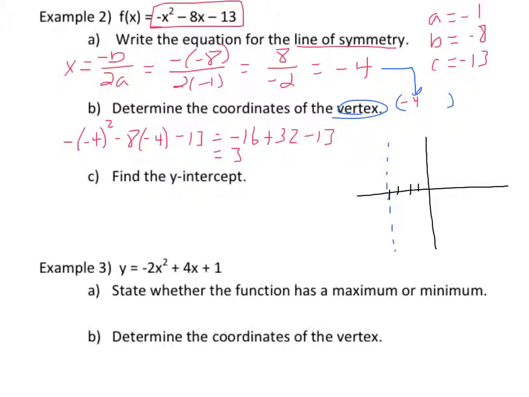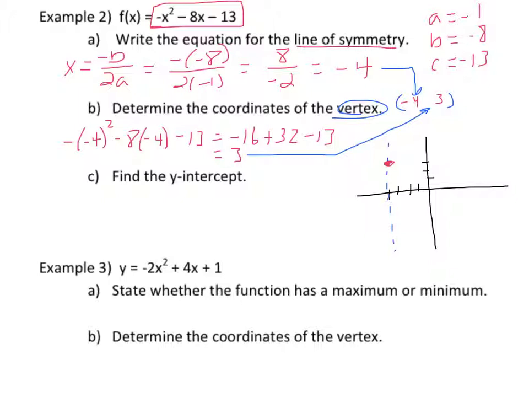So that's the y value of our vertex. So on our graph that we're creating, we go to the left 4 and up 3. And that is our vertex.